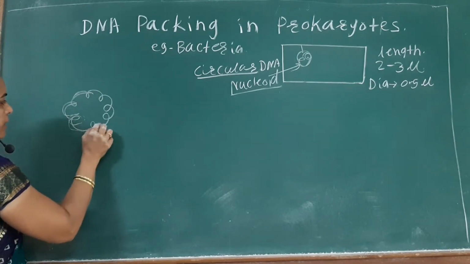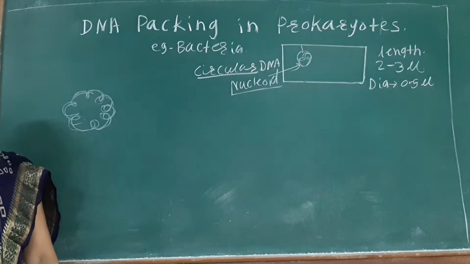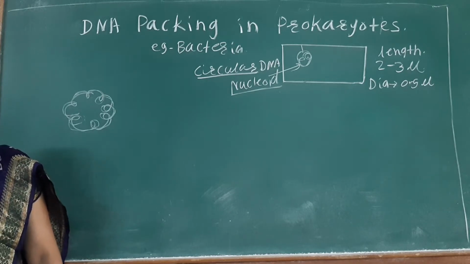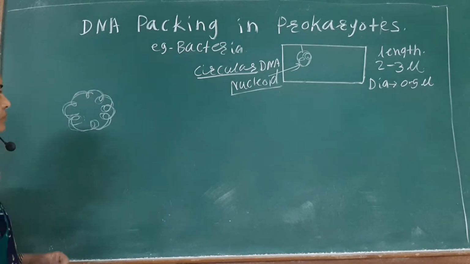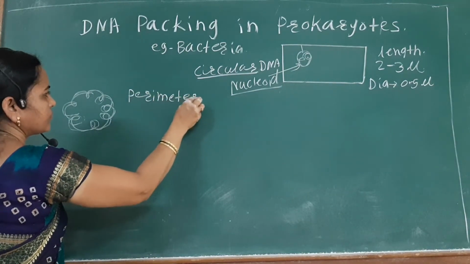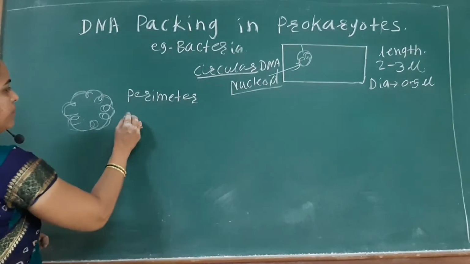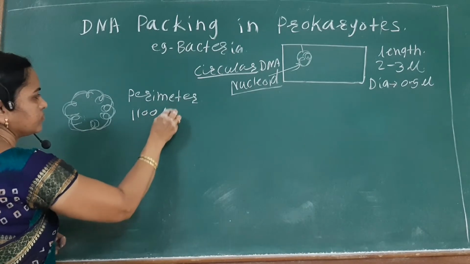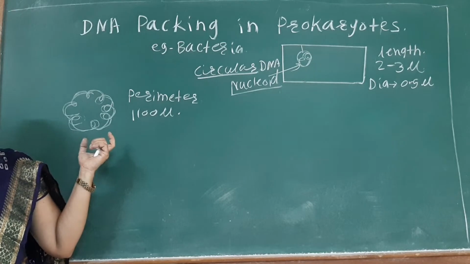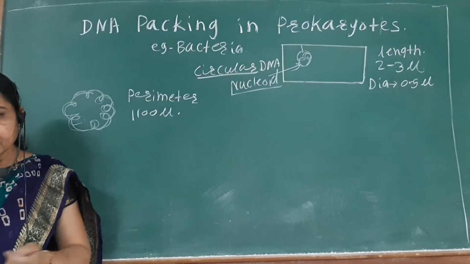The perimeter of this DNA is 1100 micron.